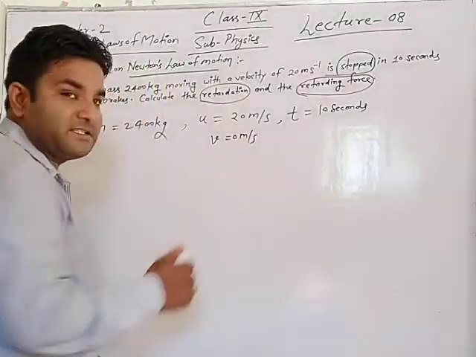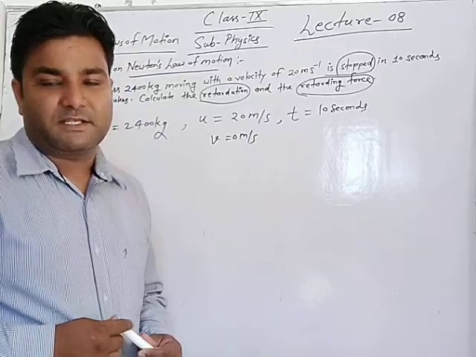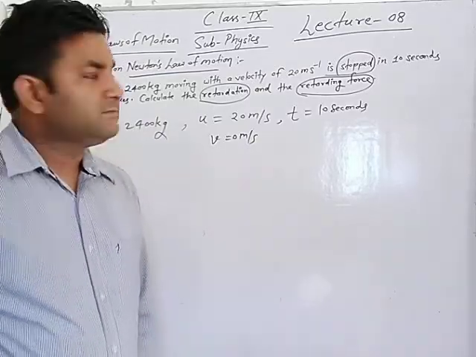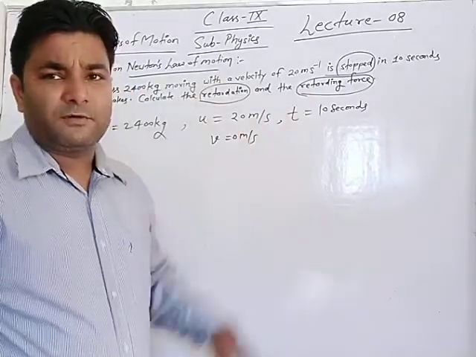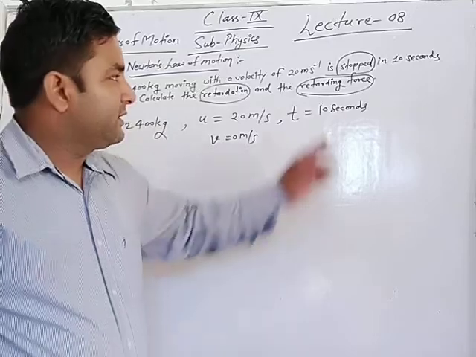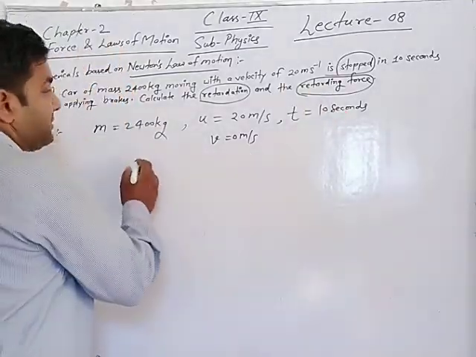Retardation means acceleration with negative value. Whenever the value of acceleration occurs with a negative sign, that acceleration is said to be retardation. And the value of force will also be in negative sign. That is why here it is written retarding force. So let's see the solution.